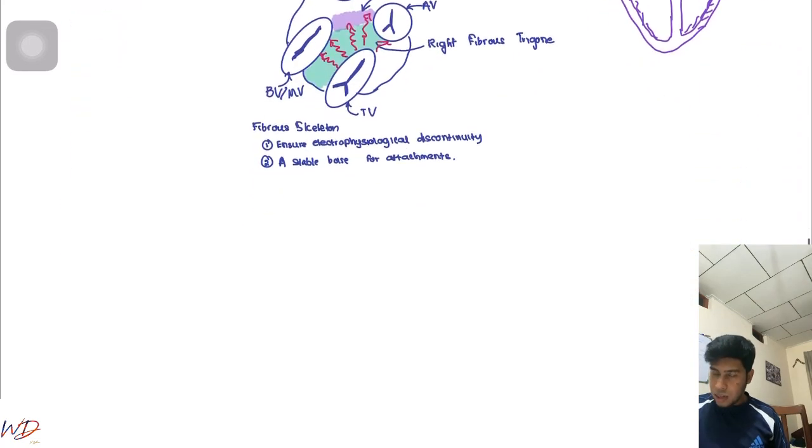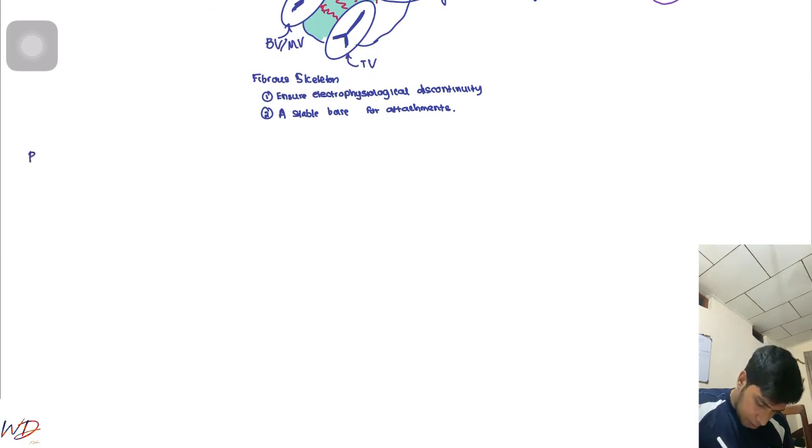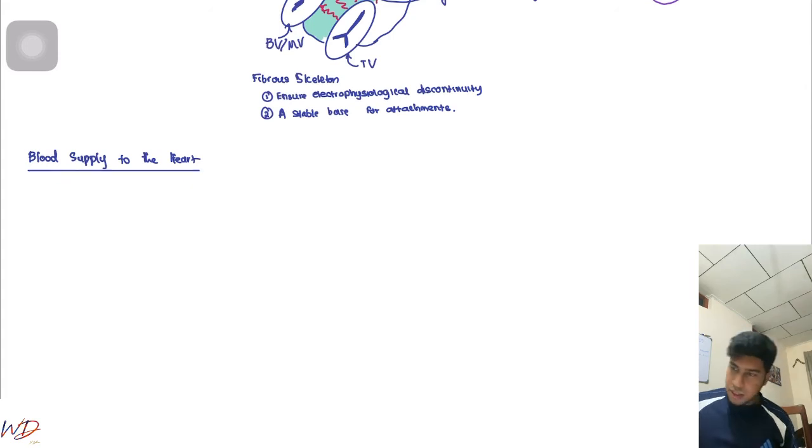Okay, now we will talk about the blood supply to the heart. For this, I will be drawing two views, the anterior view of the heart and the posterior view of the heart.